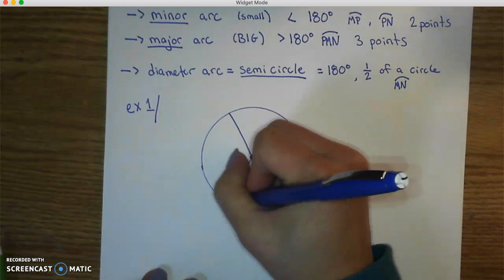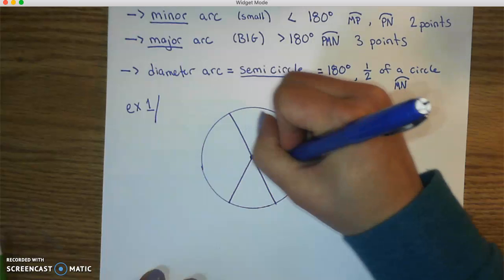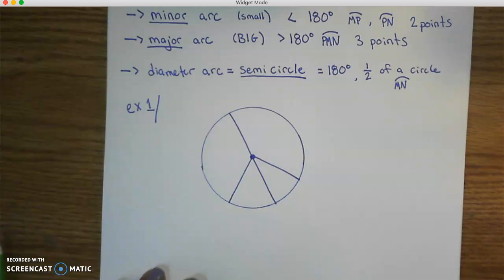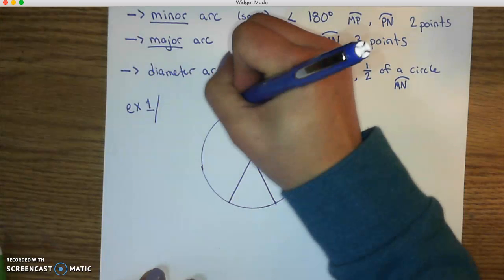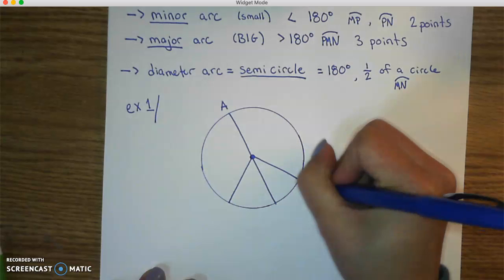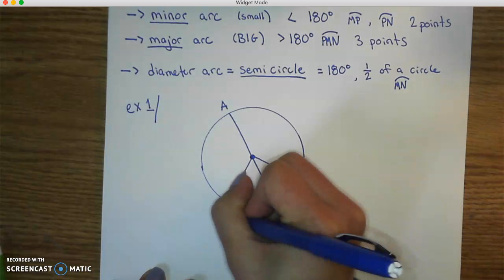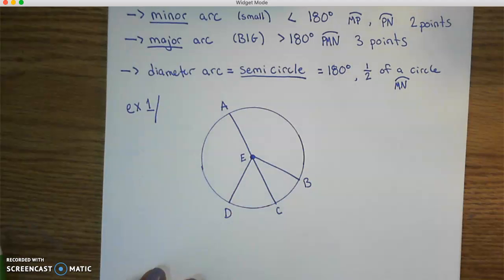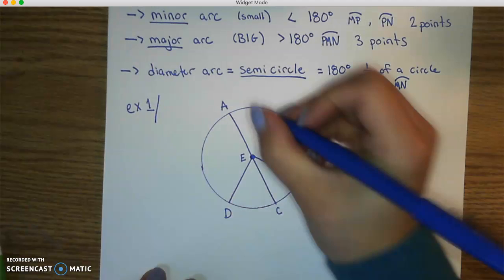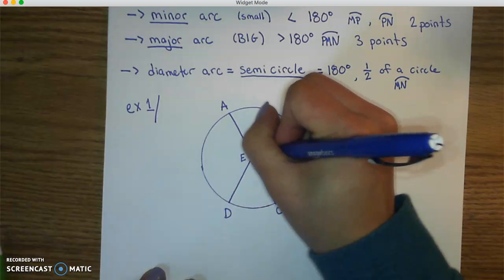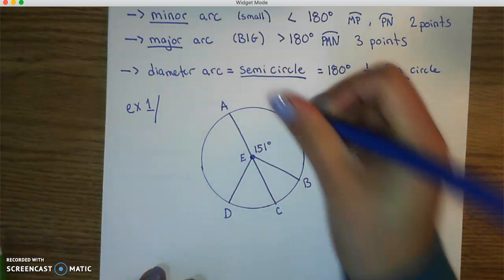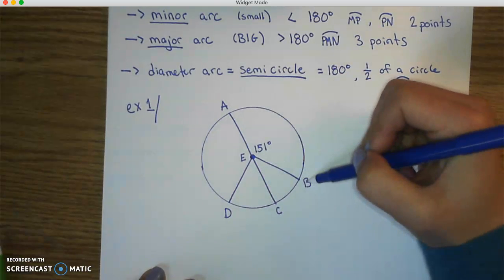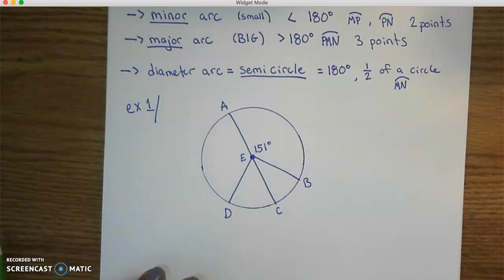And then I'm gonna draw a radius and a radius. This is gonna be A, B, C, D, and we'll just name the center E. And I'm gonna tell you that the central angle AEB equals 151 degrees.